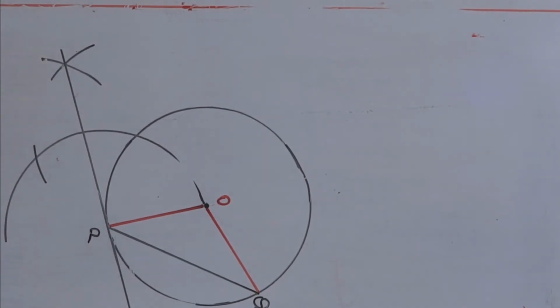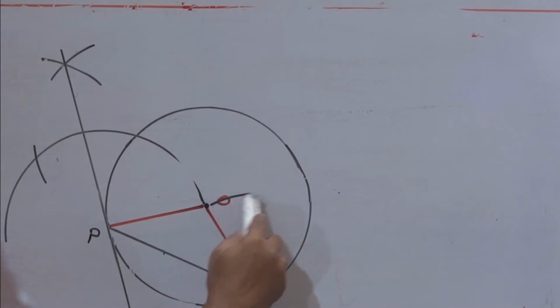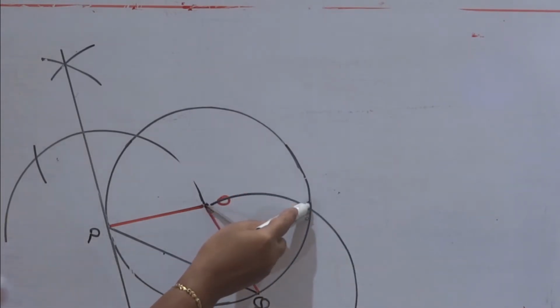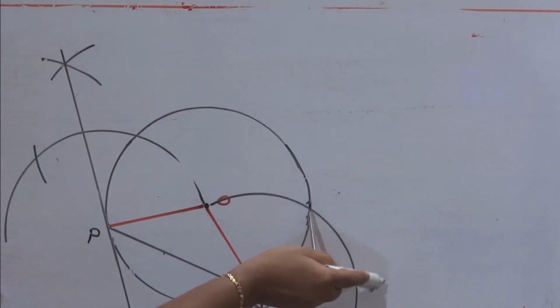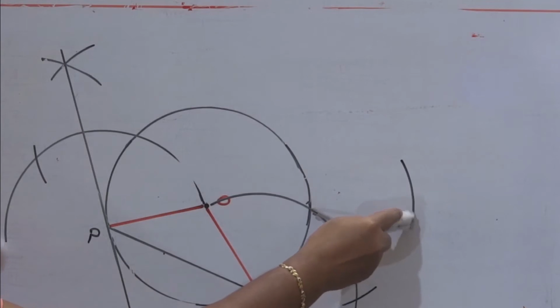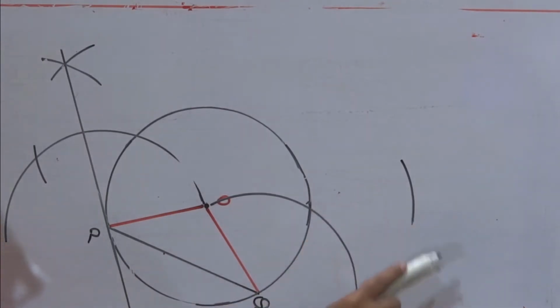Now we have to draw one more tangent at point Q. To draw the tangent, take the semicircle like this, make 2 arcs, keeping our needle of the compass at 2 arcs, we will make 2 more arcs.